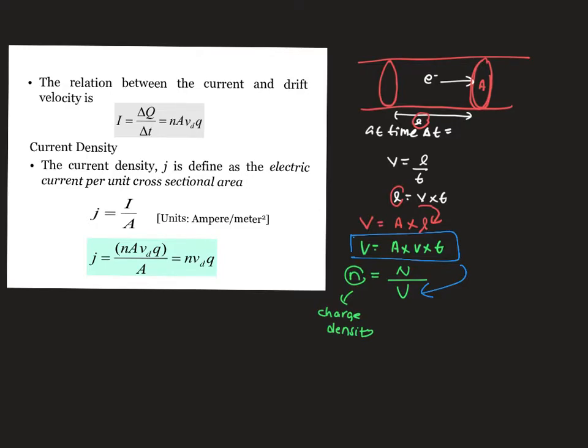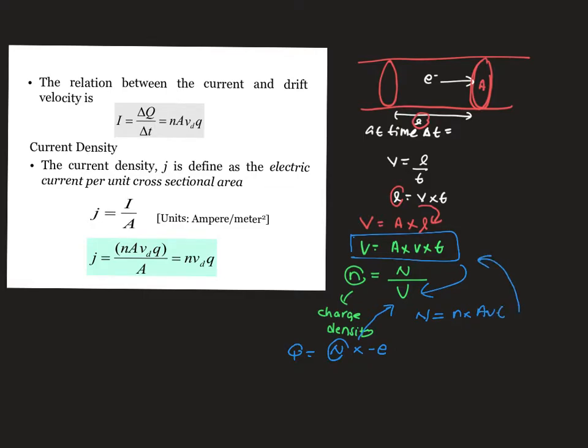Now we are going to find the total charge. The total charge Q equals the number of charges multiplied by the charge per particle. It can be an electron, it can be a proton. Now we are talking about electrons, so I'm going to put the electron charge with a negative sign. Here we are going to get N equals n times AVT, which comes from this formula.